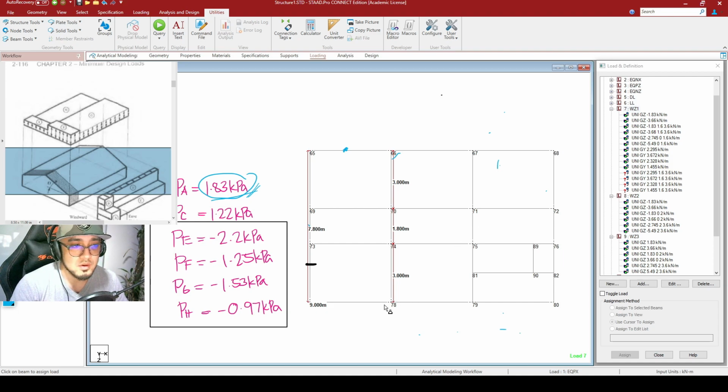So for this one right here, I would be assigning it at this portion. For this one right here, I would be assigning it to this portion. Oops, I'm sorry. Okay, so I'm correct. So as for this one right here, I will be assigning it to this portion. Or did I? So as for this one right here, I am to assign it to this portion. So I think I am missing something.